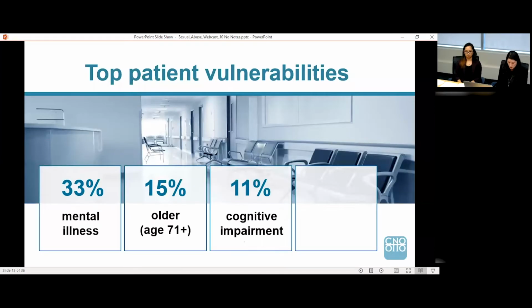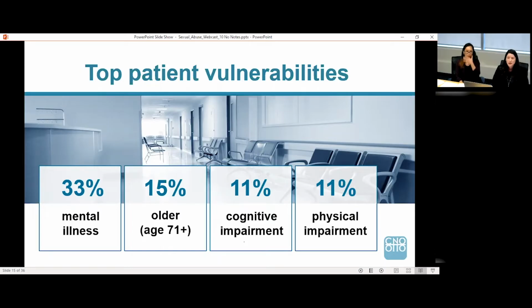We coded for attributes that may have made the patient particularly vulnerable. For example, patients who are unaware of their surroundings because of a condition or perhaps because of a medication they're on, so their judgment or their understanding of a situation may be impaired. Not every patient had a particular attribute that may make them more vulnerable, and conversely, we had some matters where patients had more than one of these vulnerabilities.